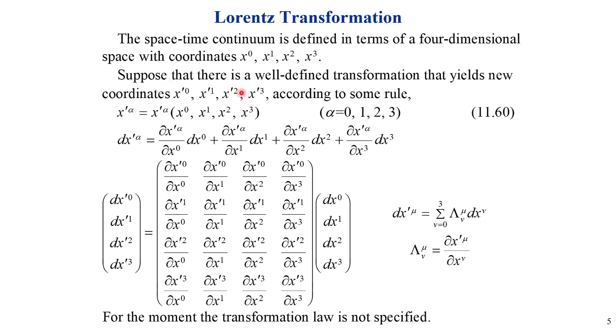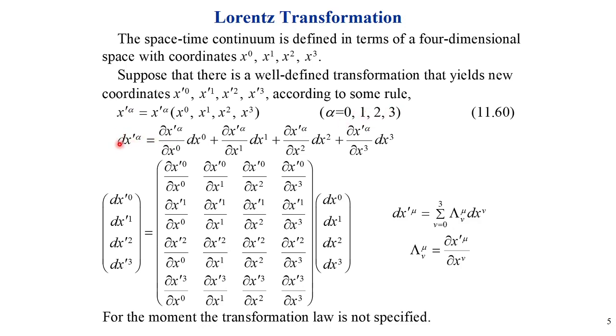Suppose that there is a well-defined transformation that yields new coordinates x0 prime, x1 prime, x2 prime, x3 prime. According to the rule, the prime system will be related to the unprimed frame, and alpha runs from 0, 1, 2, 3.